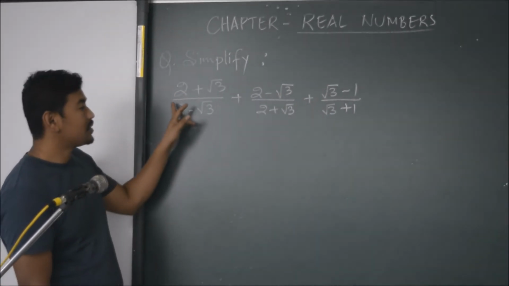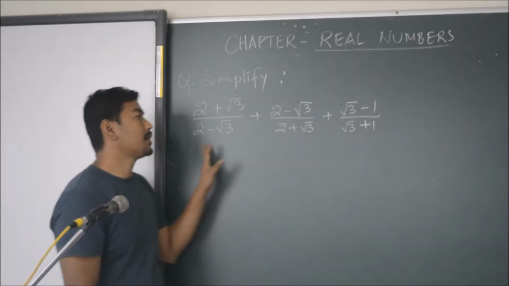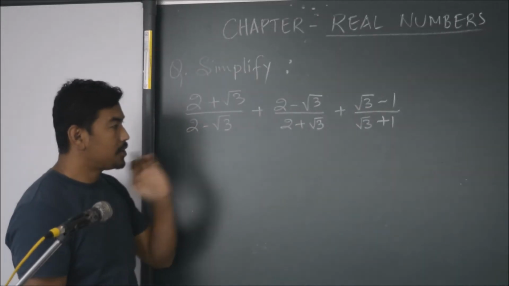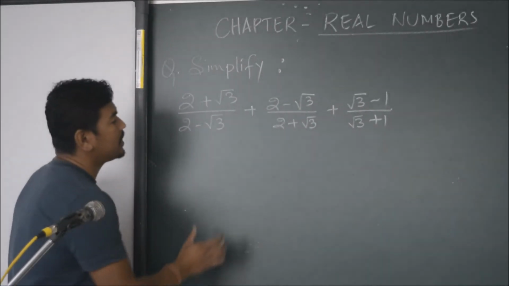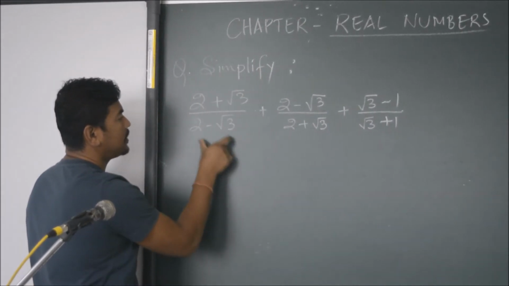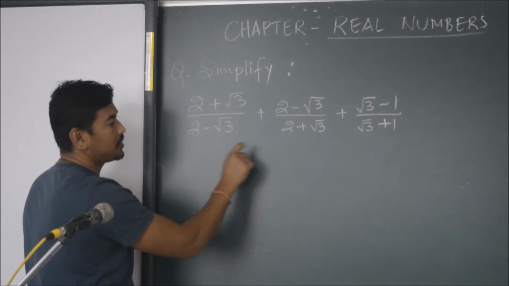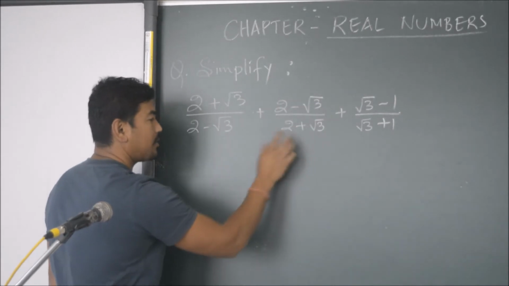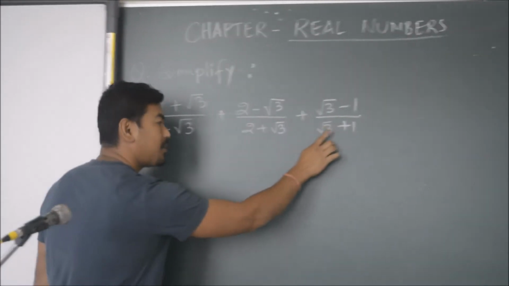Simplify. So you have to simplify this given expression. If you see this question carefully, then you will realize that actually this first part is the same as rationalizing the denominator. Again, this part is also the same as rationalizing the denominator, and this part also.